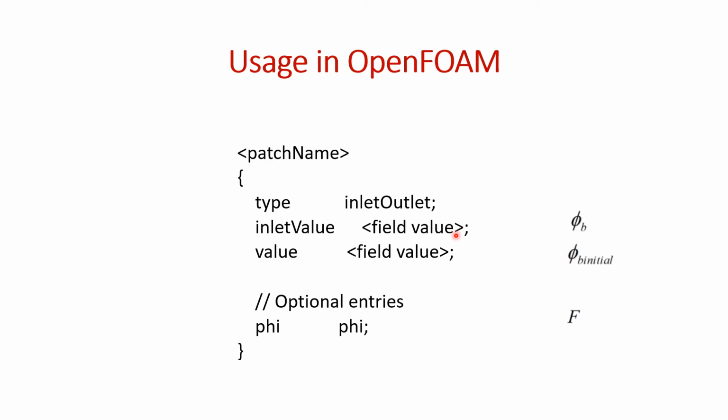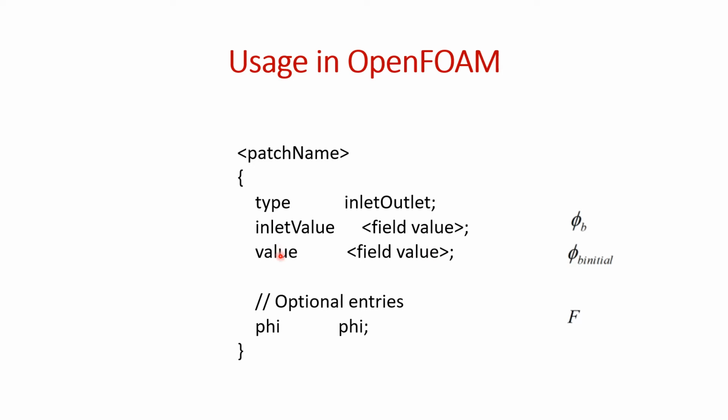The gradient is directly set to 0, so there is no need to write it here. In the mixed boundary condition we had two things, reference value and reference gradient. Here we only mention inletValue, because we have already specified zero gradient in the code, and the value is set to some value.